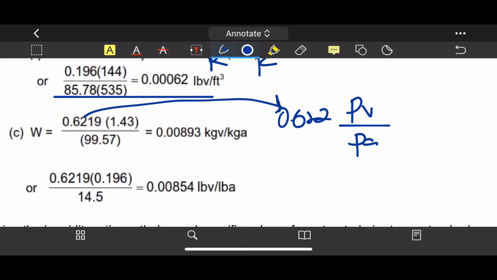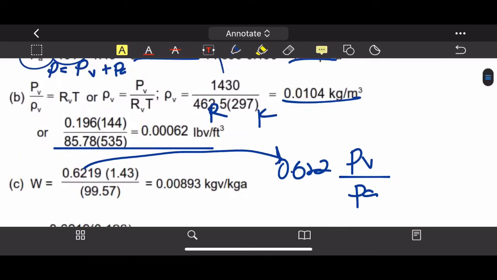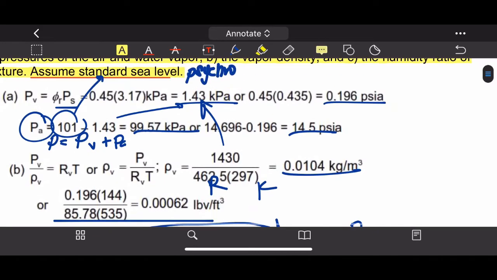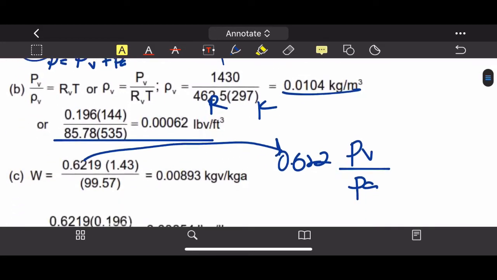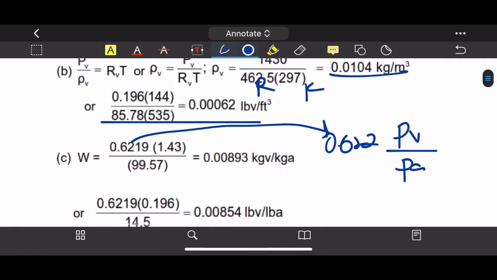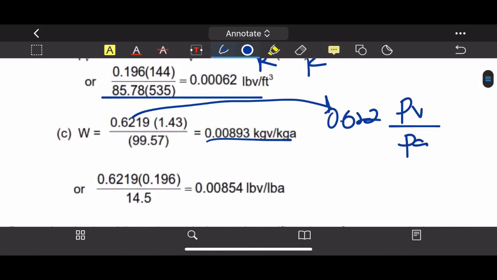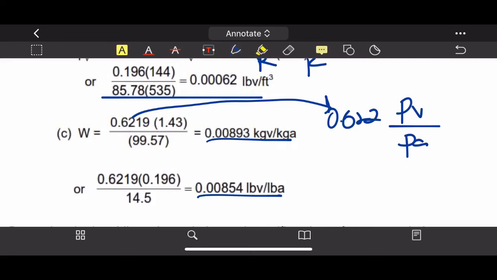So PV is already calculated above, which is 1.43, and PA also calculated at 99.57. So put in these numbers and you get 0.00893 kilogram of vapor for each 1 kilogram of air, or in the English unit 0.00854 pound vapor per 1 pound of air.